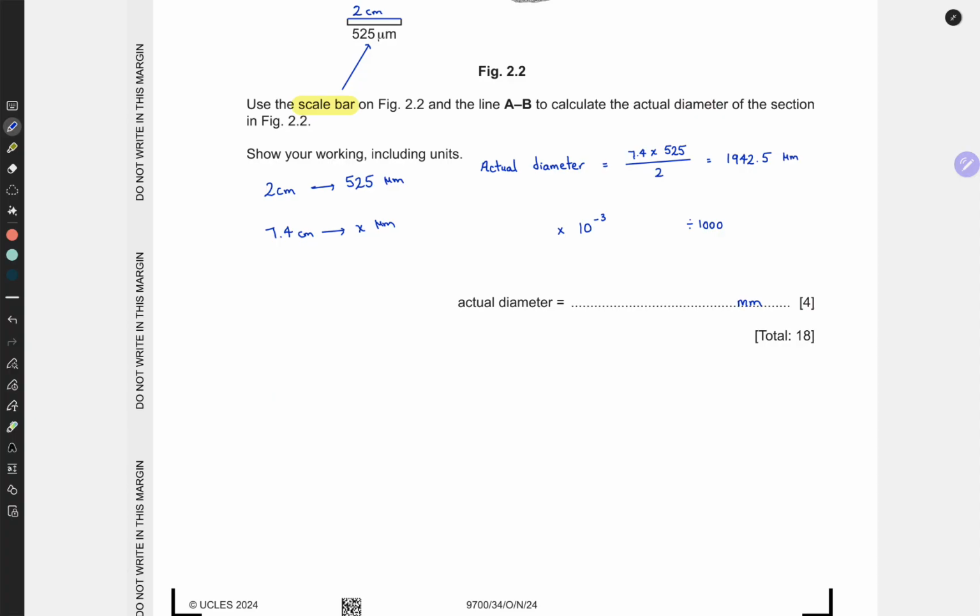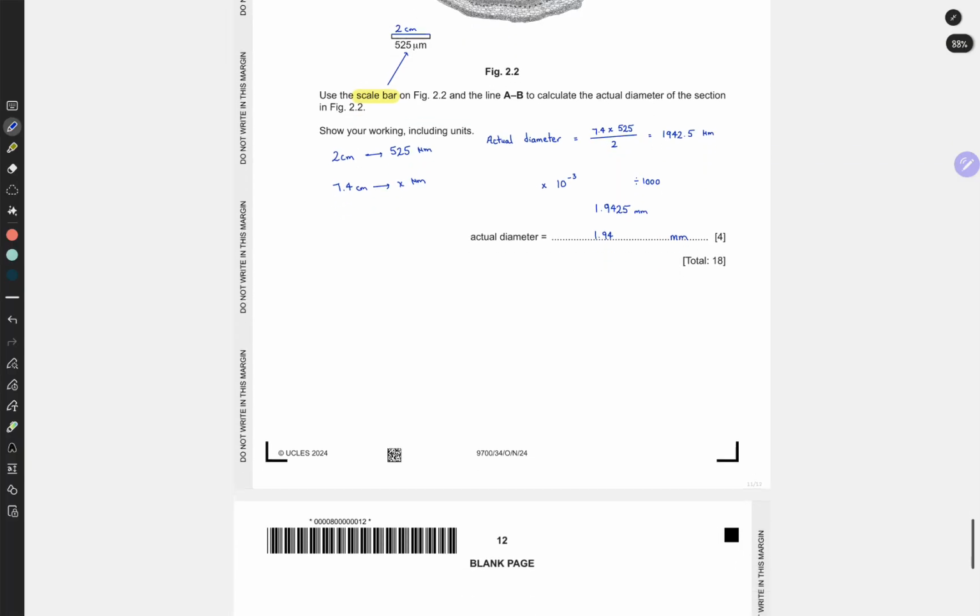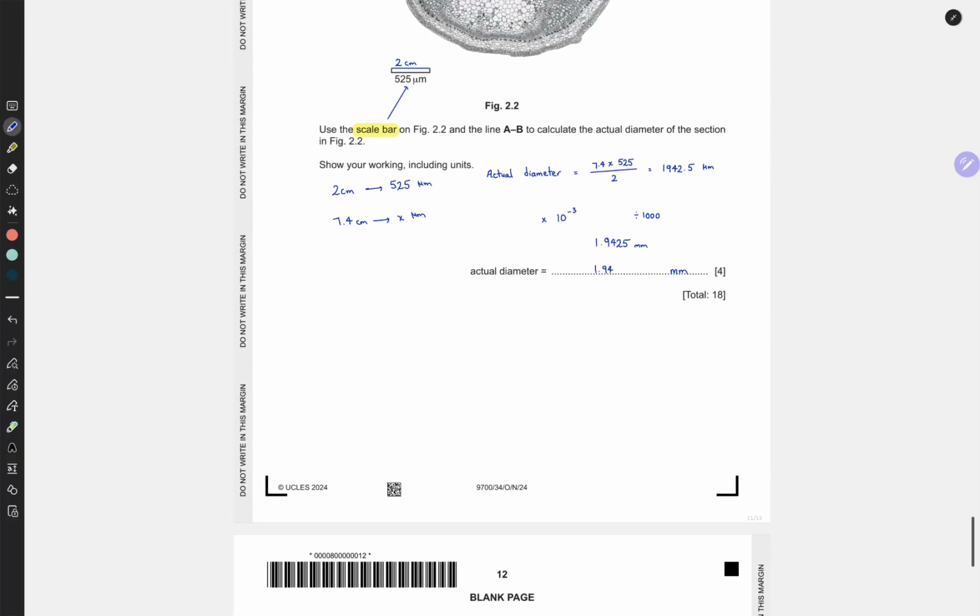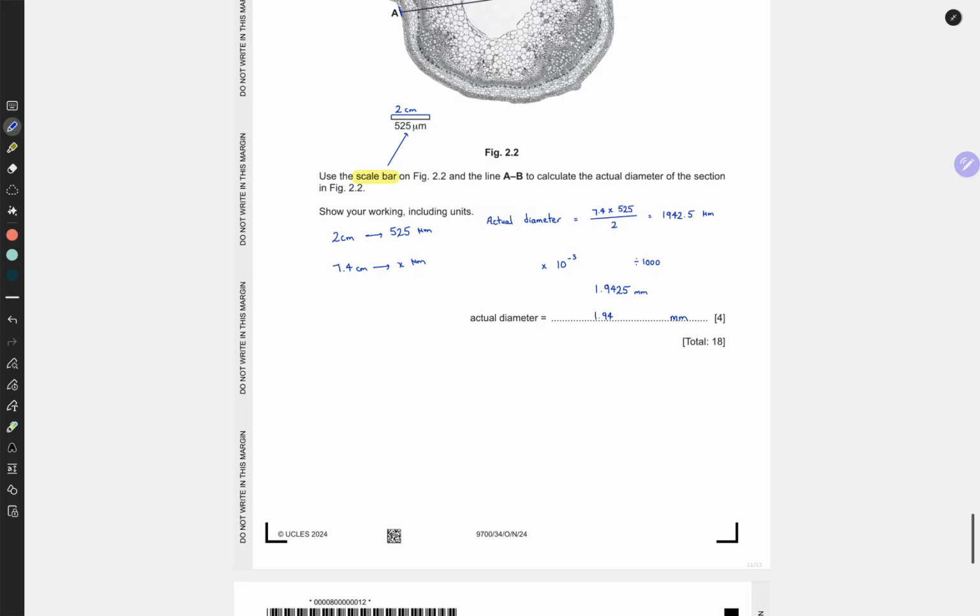So you will get 1.9425 millimeters. For example, to 3 significant figures, it is going to be 1.94 millimeters. That's for the last question, and thank you.